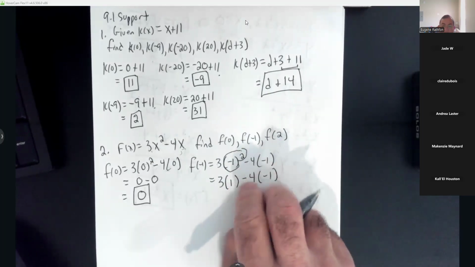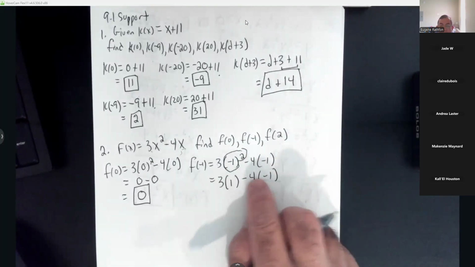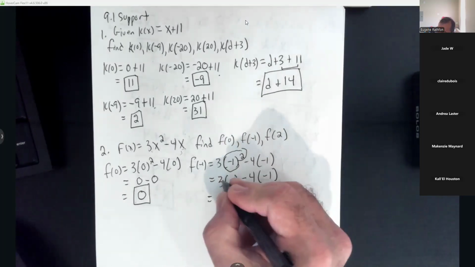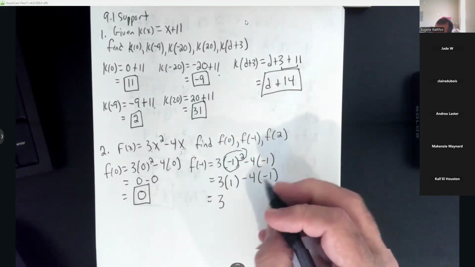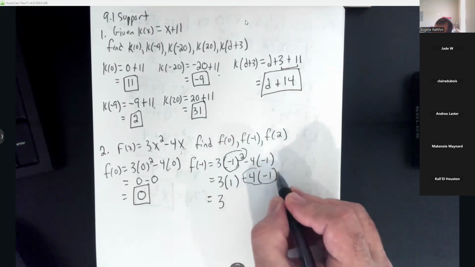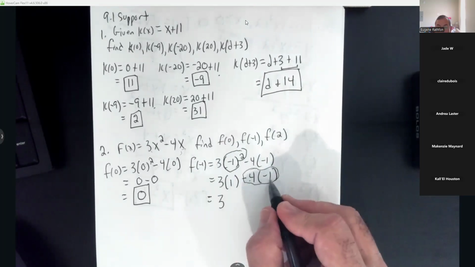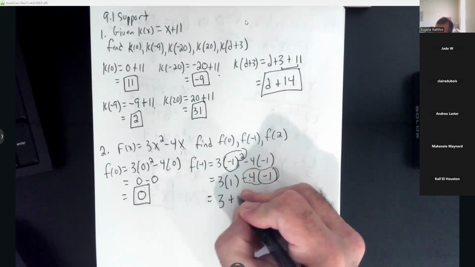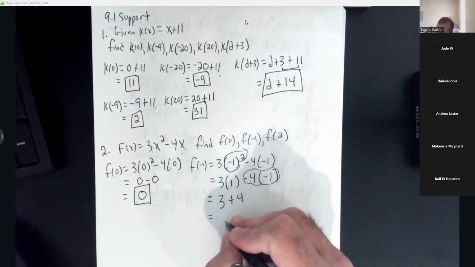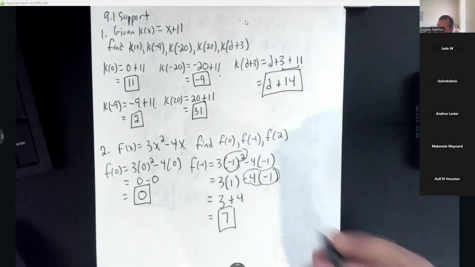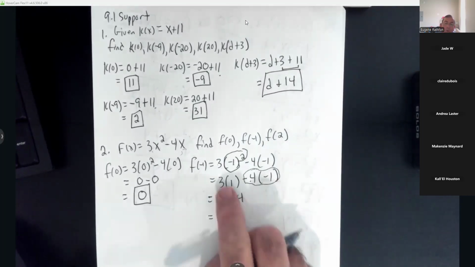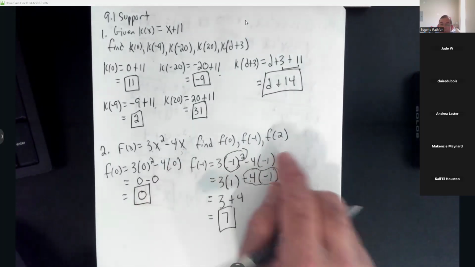And I'm just bringing the rest down because now I'm going to multiply this and this. So 3 times 1 is 3. Over here, negative 4 times negative 1 makes that a positive 4. And then 3 plus 4 is 7. So by hand, or like I said, you can punch this stuff right here into the calculator.